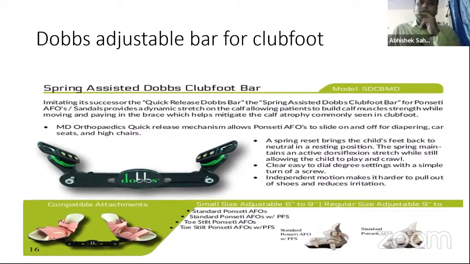And I hope that whatever advantages I've just mentioned, it is actually mitigating that calf weakness and the other problems which we have been facing, because parents normally come back to us repeatedly with a lot of complaints about why the calf of the treated side or both sides is thinner than the other side. And they normally take it as an issue for delay in walking and other things.